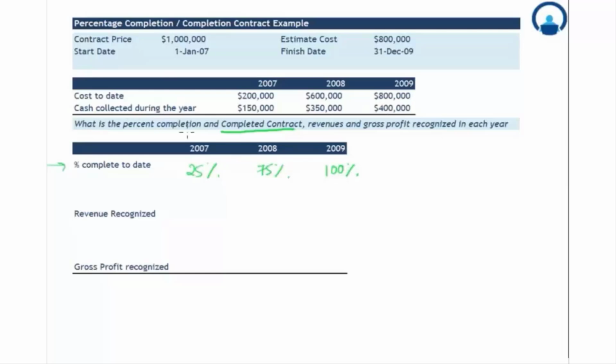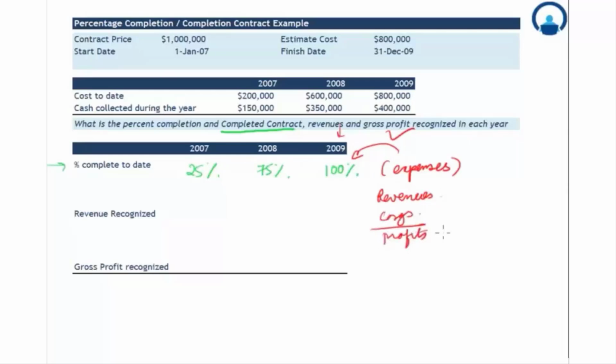So what we note as a characteristic for completed contract is that a reasonable estimate is literally impossible to make with respect to costs and the revenues, and hence we recognize revenue only when all expenses are met. So 100% of the expenses are done. In that year only we recognize the revenues and the associated costs and report the profits.